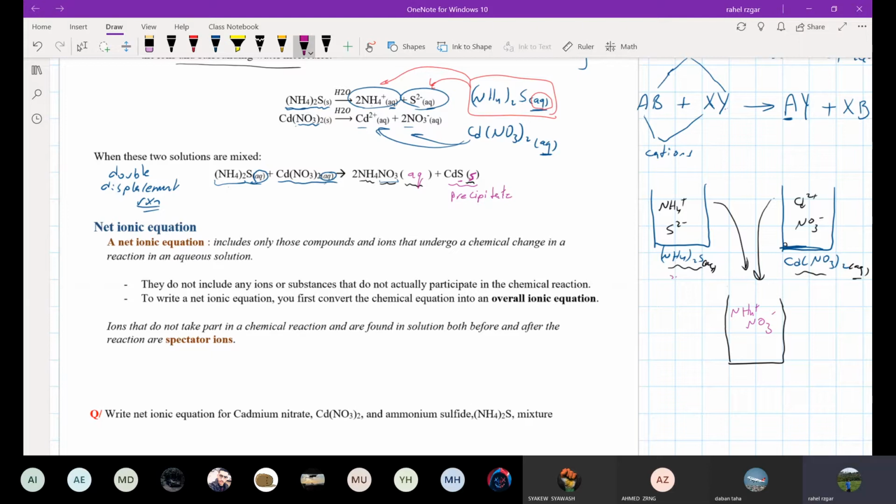But the cadmium and the sulfide have attracted each other because there's a strong attraction between cadmium and sulfide, and the water cannot separate the cadmium and sulfide away from each other. That's why they become solid, and this is a precipitate that is formed by mixing those two solutions.